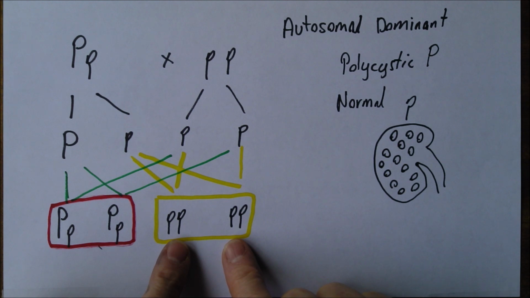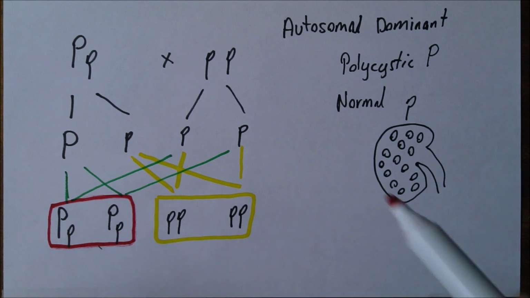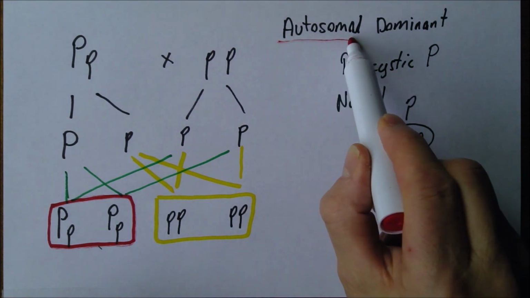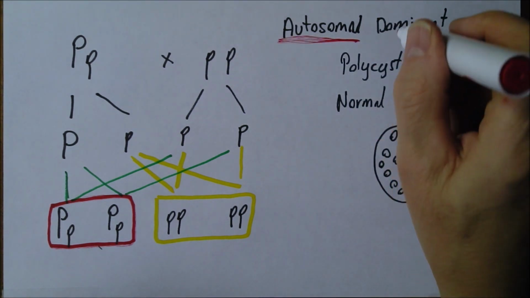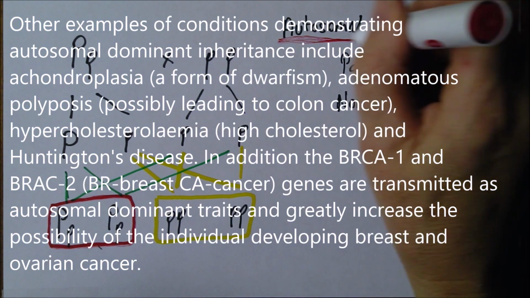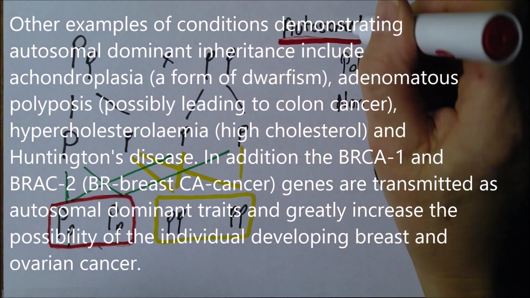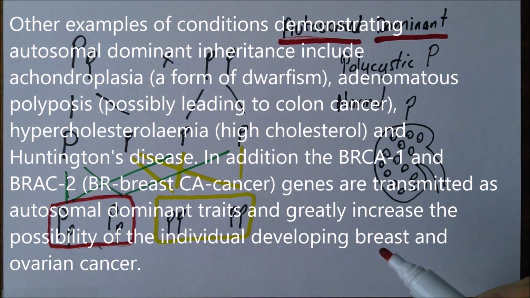And it's the same with all autosomal dominant conditions. There's a 50% chance that any of the children will be affected by the disease process.